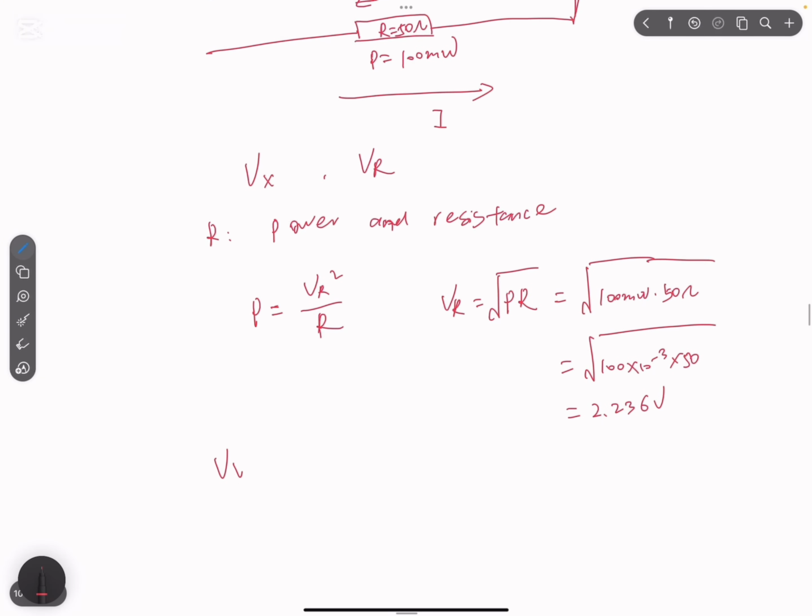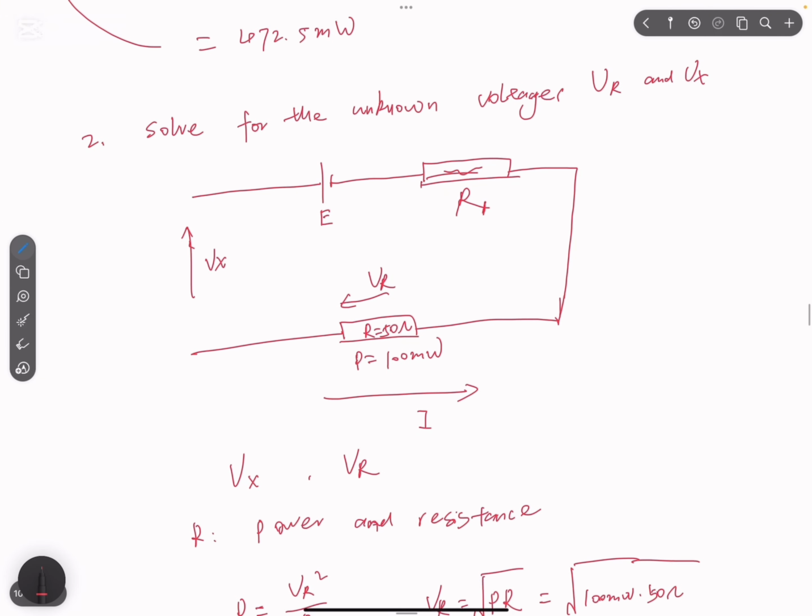And Vx will equal minus VR minus 3, then plus 12 volts. So we have, this is 12 volts, this is 3 volts in this direction.